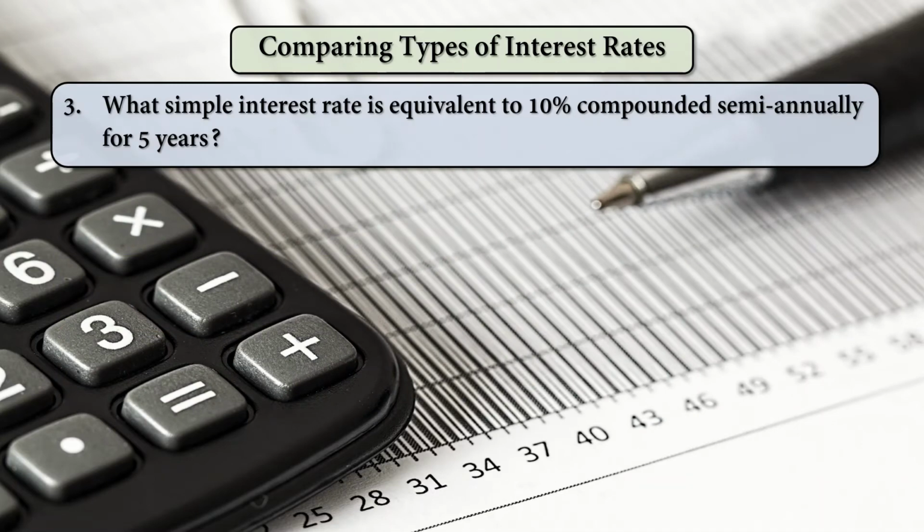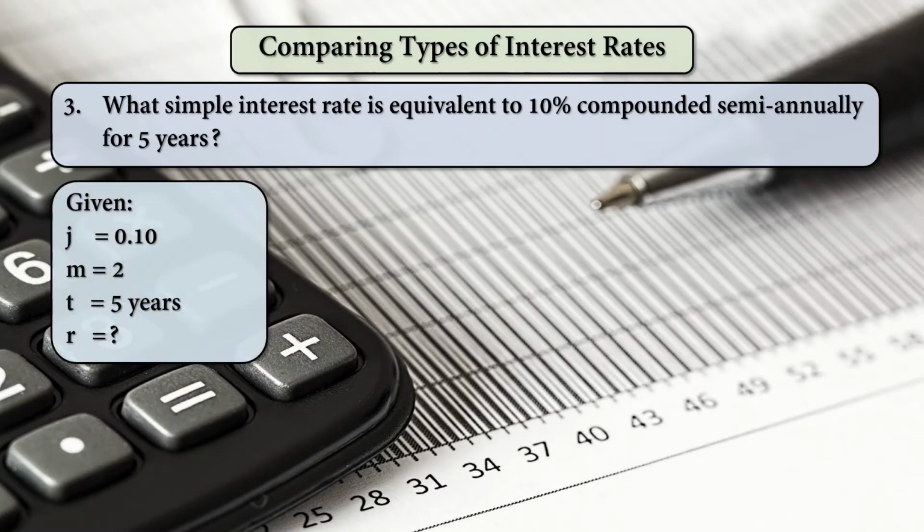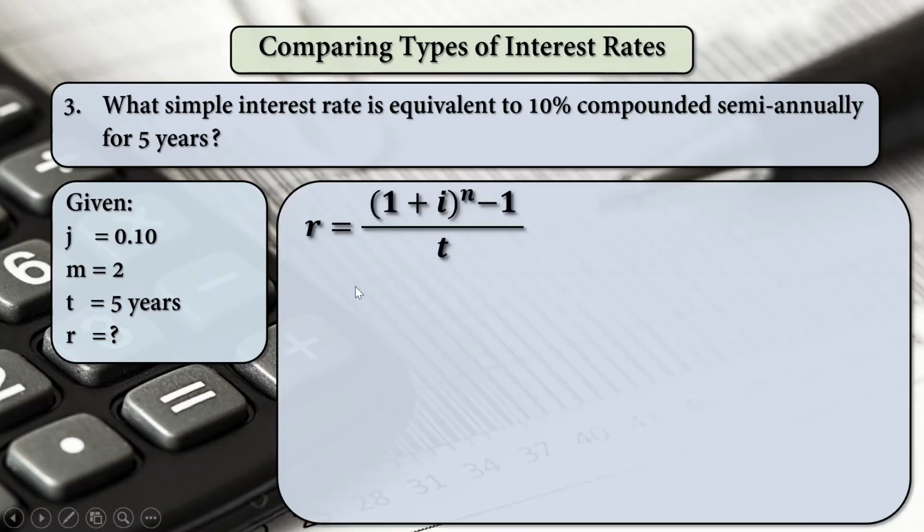For example, what simple interest rate is equivalent to 10% compounded semi-annually for 5 years? The given J is equal to 0.10, M is 2 because that is semi-annually, and T is 5 years. We are going to find the simple interest rate R. To do that, we use this formula and substitute.